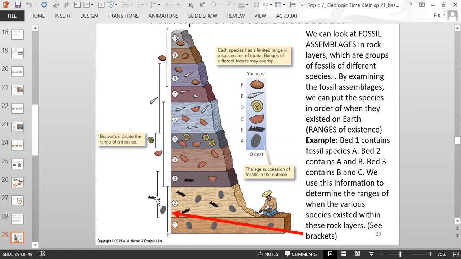And then you have fossil B, which only exists in rock layers 2 and 3. So that's the time range that this species existed on Earth. Okay, so these black lines in the brackets indicate the range that that species existed on Earth.